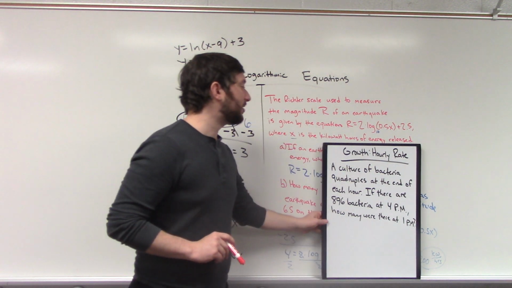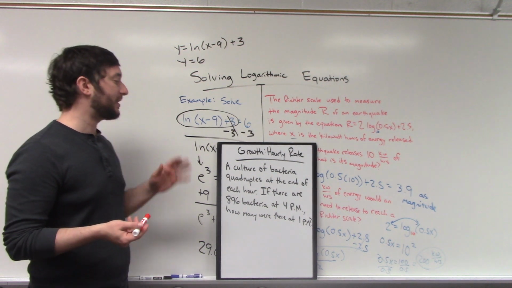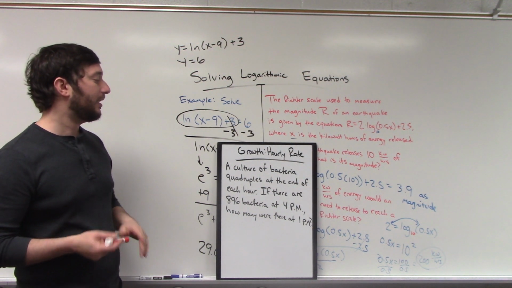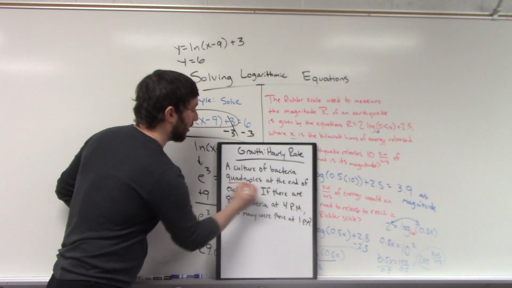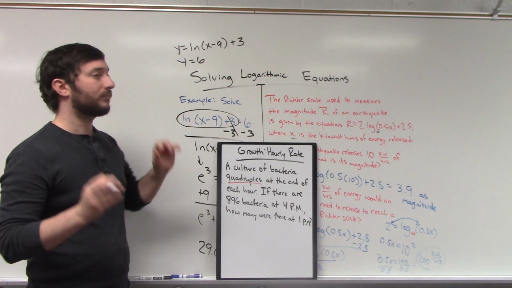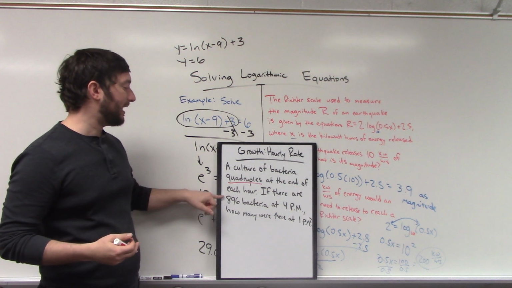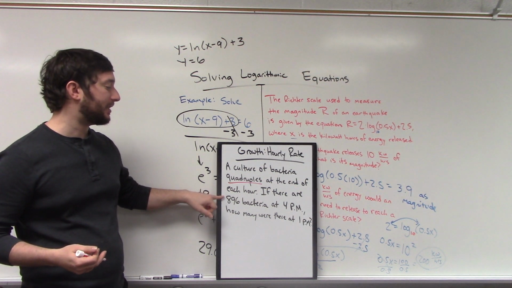And then one other type of growth I want to discuss is hourly rate. So let's say that we have a culture of bacteria that, key word here, quadruples each hour. So let's take a look at what happens by 4 p.m. There's 896 bacteria.